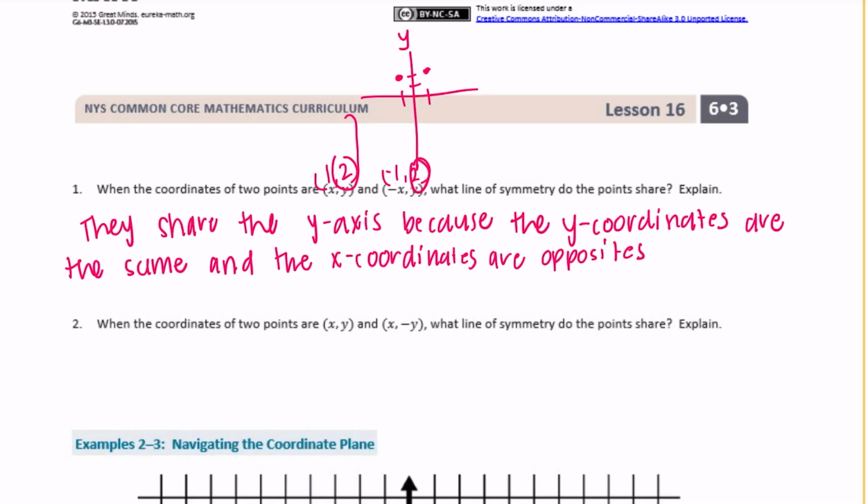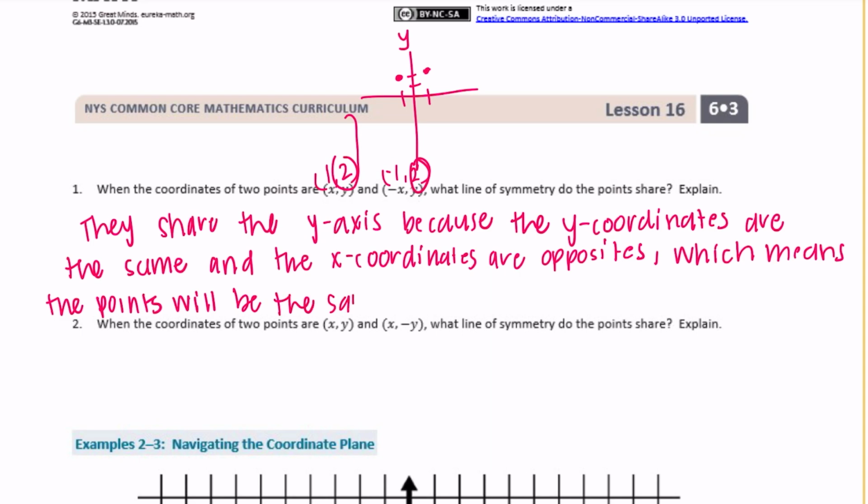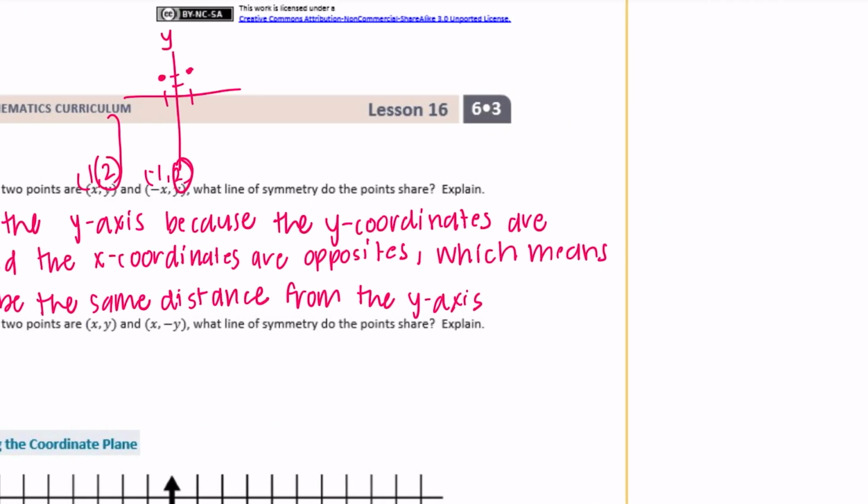Which means the points will be the same distance from the y-axis but on opposite sides.